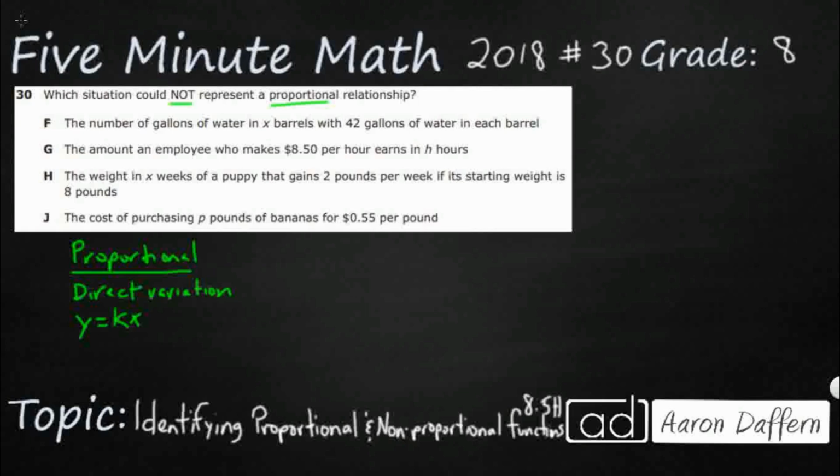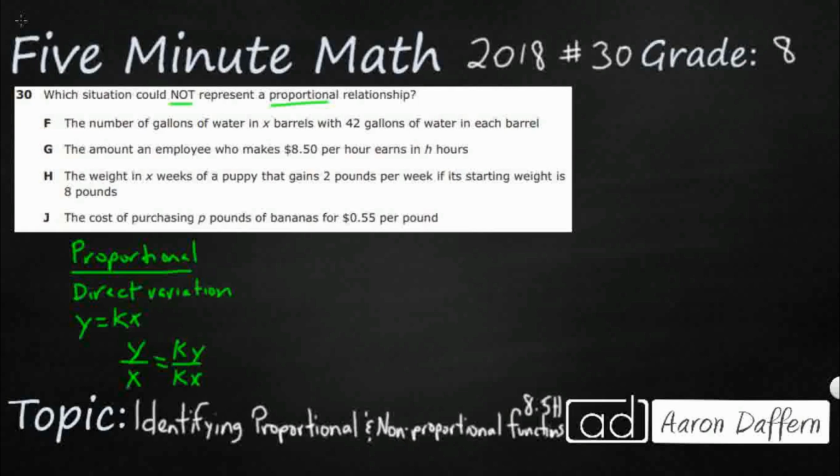So if you wanted to, you can actually solve these problems using y equals kx. Or you can actually use proportions, right? You can do y over x equals ky over kx. So all the proportions we learned in 7th grade work here with these types of problems because it's proportional.